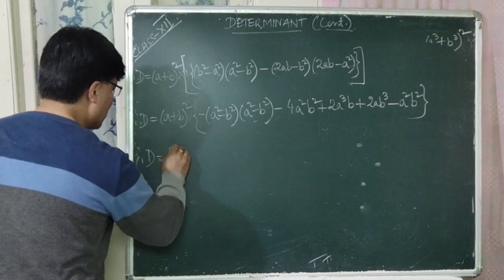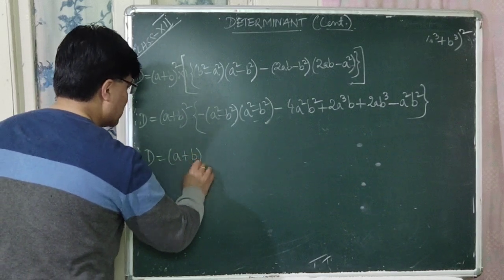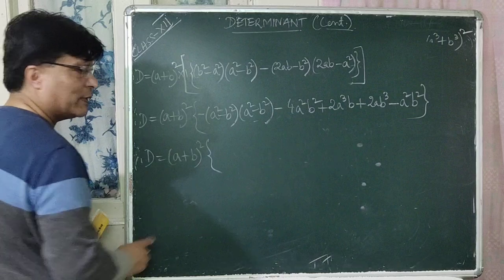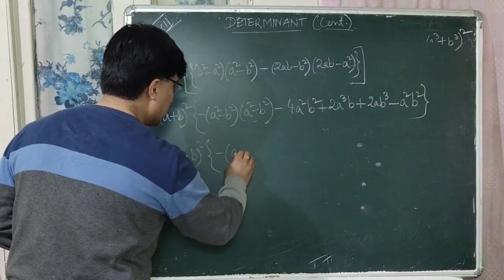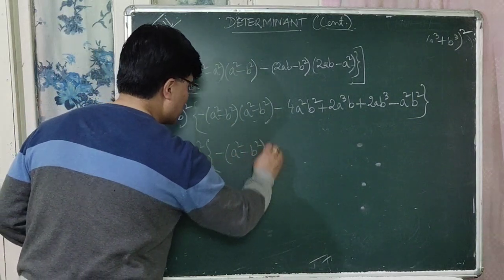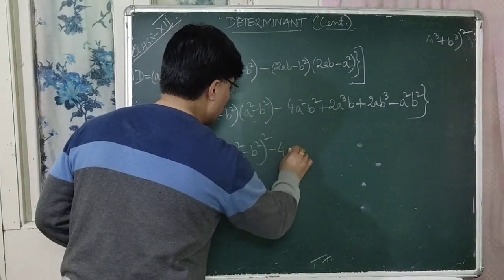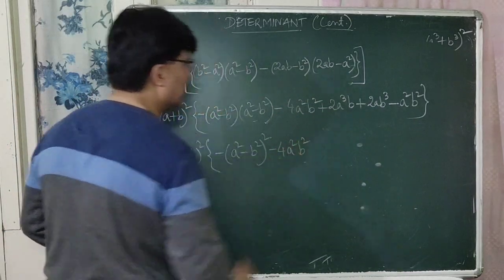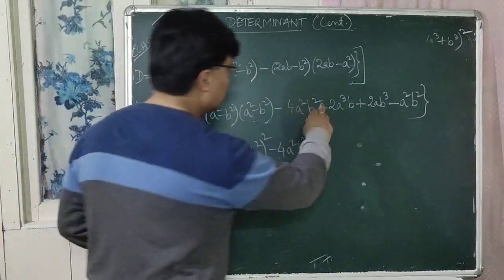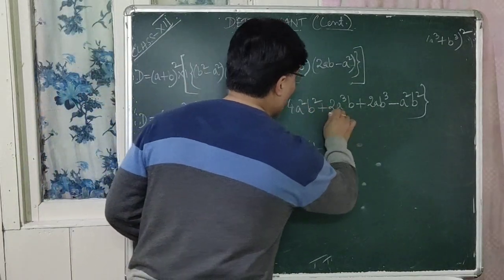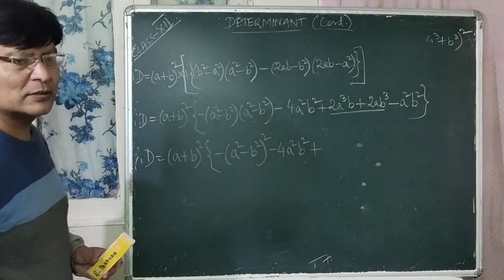Therefore D is equal to, this is your (a plus b) whole square, within second bracket, minus (a square minus b square) whole square, right? Then write down this one, minus 4a square b square. Then comes plus. What is common from these two terms?